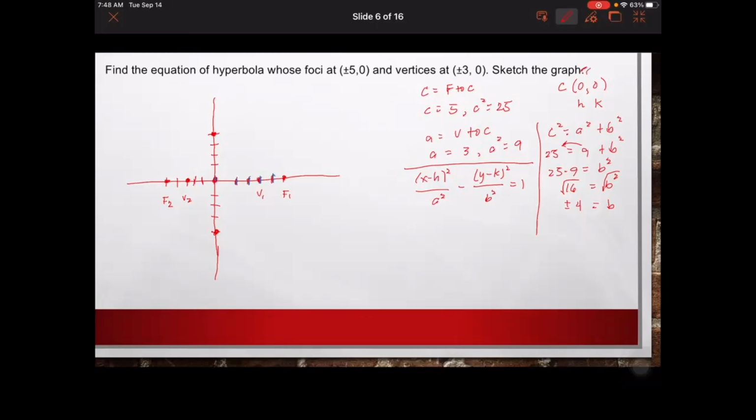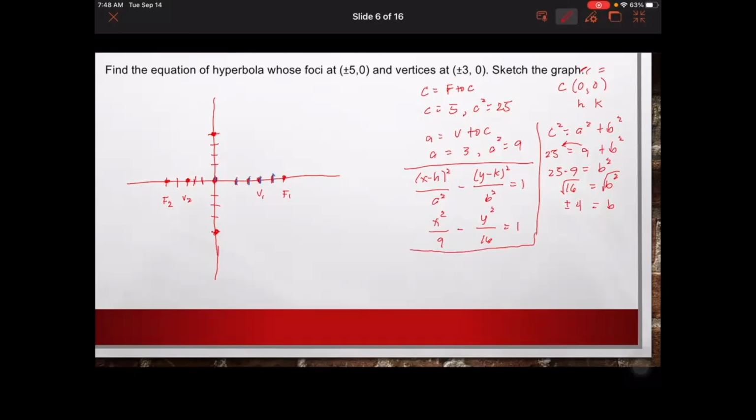So, therefore, magkakaroon lang tayo dito ng x squared over our a is 9. It's okay na mas maliit yung a kaysa sa B kasi di naman tayo parabola. Minus ang y natin, ang k natin ay 0 from here also. So therefore, magkakaroon tayo ng y squared over ang b natin ay b squared natin ay 16 is equal to 1. Yan. So ito na yung ating equation.